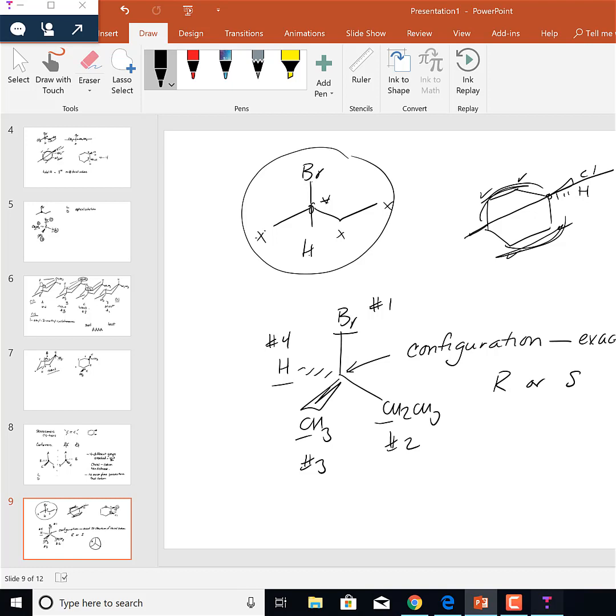If I draw an arrow from number 1 to number 2 to number 3, and it goes clockwise, that center is R. So once the 4th priority group is away from me, if going from 1 to 2 to 3 is clockwise, it is R. If, on the other hand, it was counterclockwise, then that would be S. So this is how we determine the R and S configurations: by ranking, orienting the molecule so that 4 is away from me, and then asking is 1, 2, 3 clockwise, or counterclockwise.